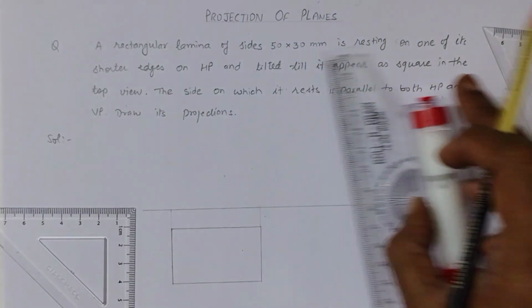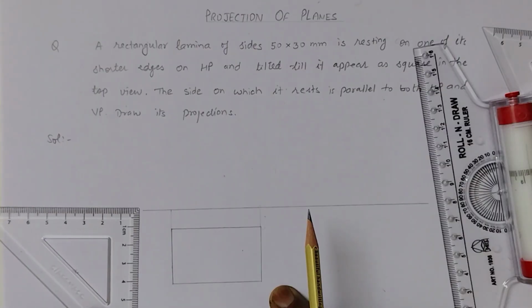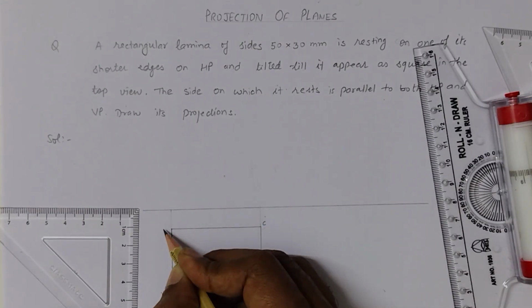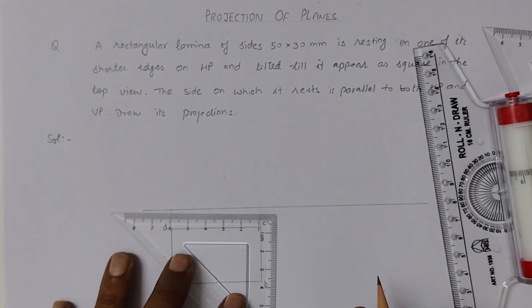So in this way we draw the top view of the object, it is a rectangle. So mark the respective points A, B, C, D.